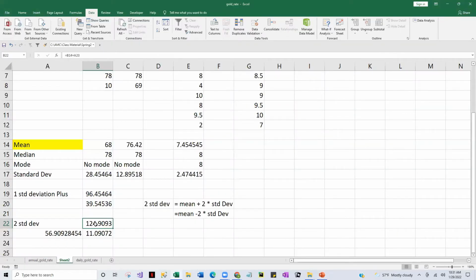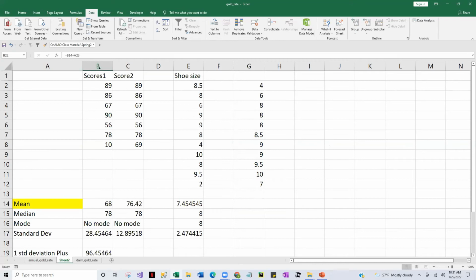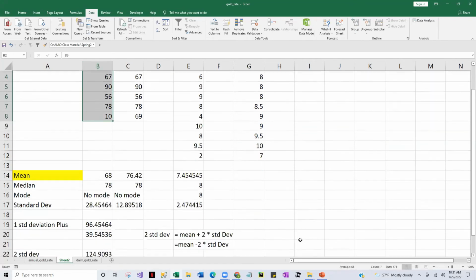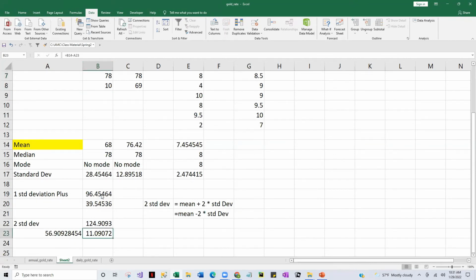So you need the subject matter expertise to say that 95% of scores are going to be between 11 and 100, because our maximum score is 100. I already told you that the scores are out of 100. So 95% of your scores are going to be between this 11 and 120.